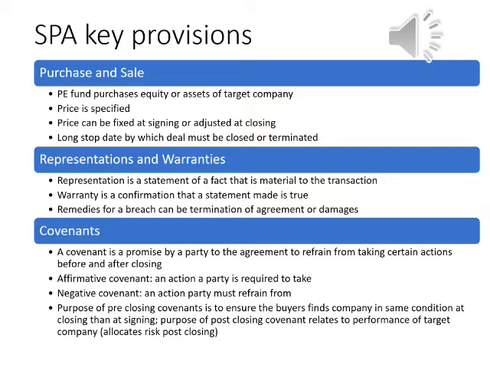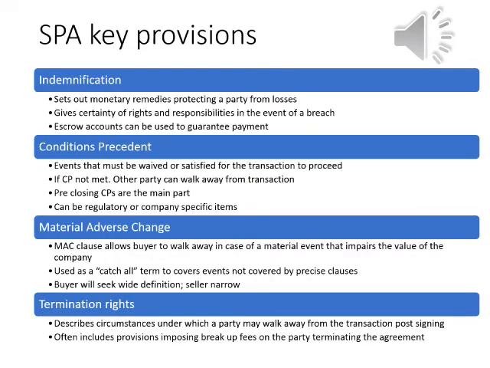The purpose of post-closing covenants relates to the performance of the target company. In other words, it allocates the risk post-closing. Indemnification. This sets out the monetary remedies protecting a party from losses. It gives certainty of rights and responsibilities in the event of a breach. Escrow accounts can sometimes be used to guarantee payment.